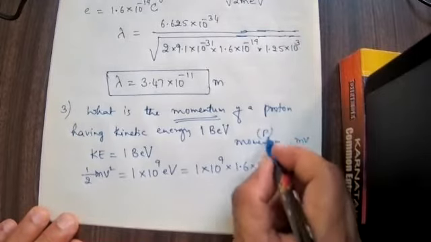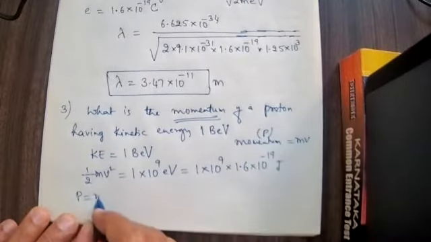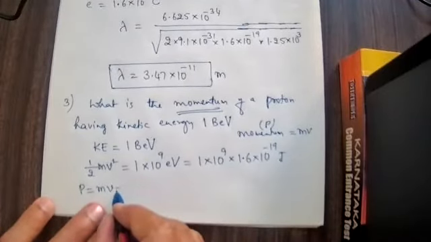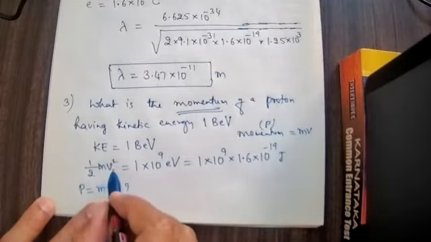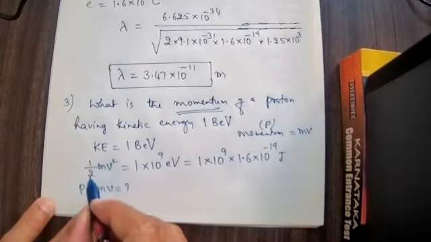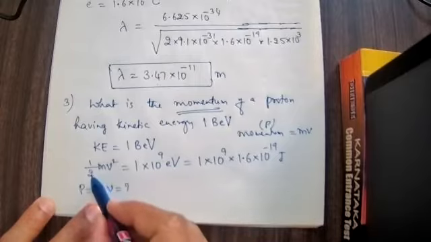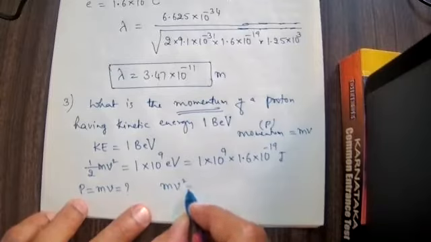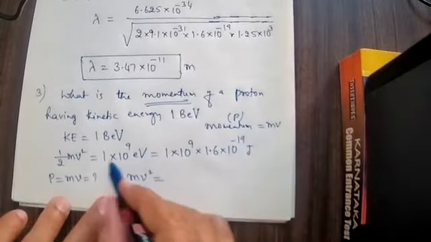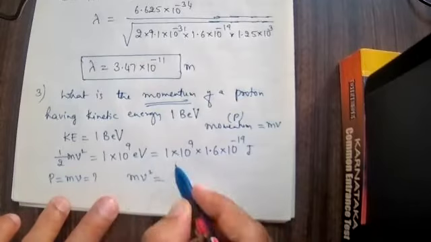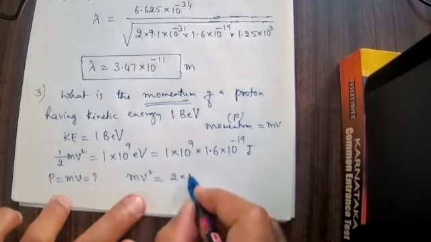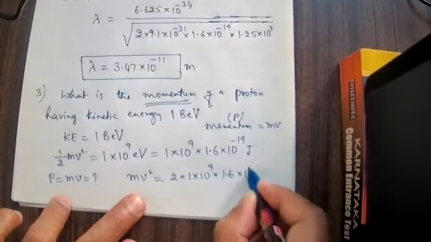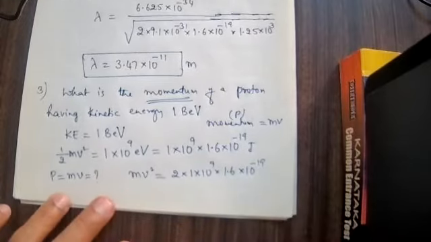That is what I am supposed to calculate. mv only if we are keeping here, the remaining things, what will happen? 2 will go here. mv square is equal to, using this, 2 multiplied by 1 into 10 to the power 9. Together we can do the calculation.